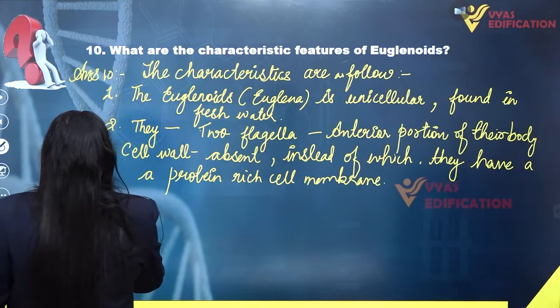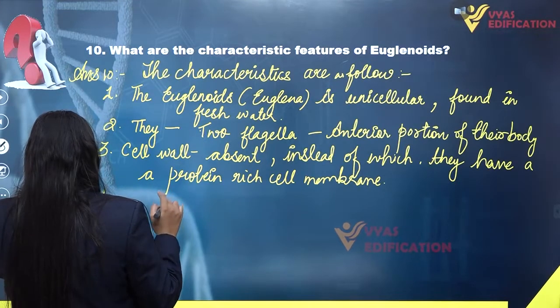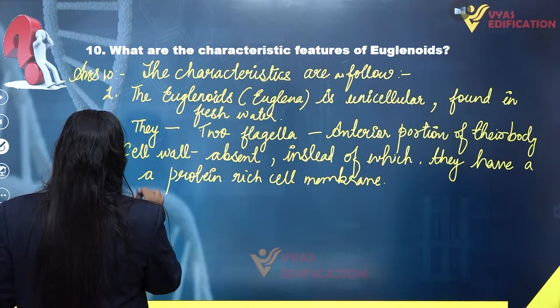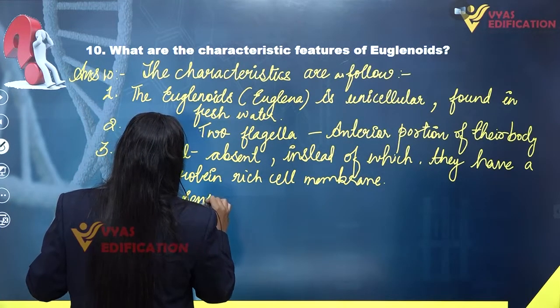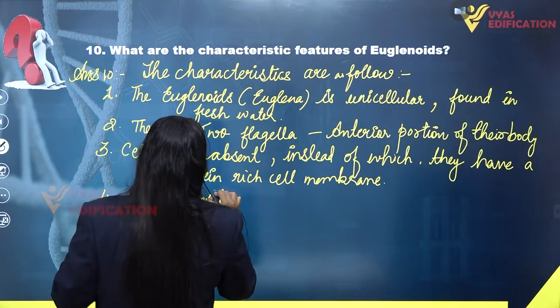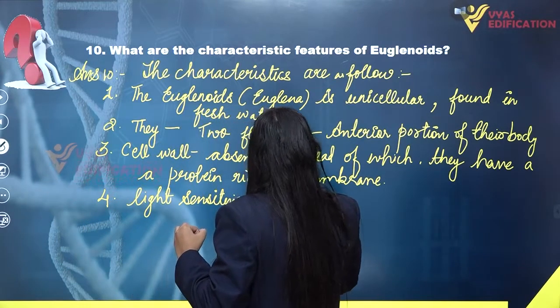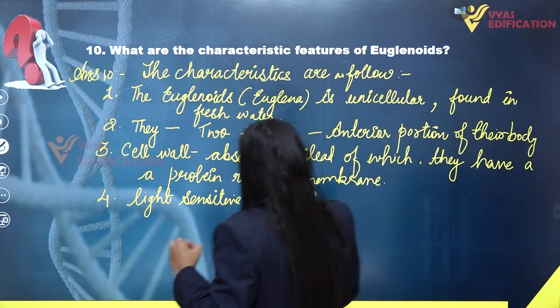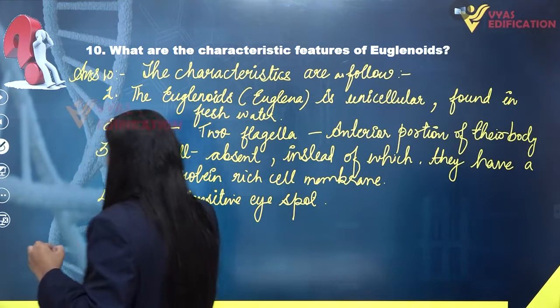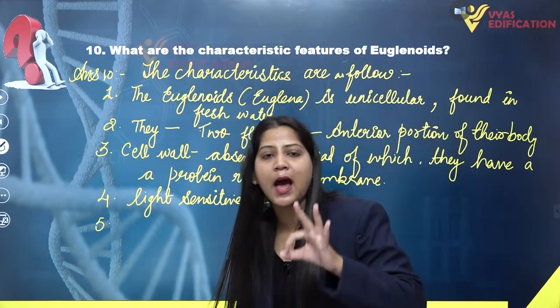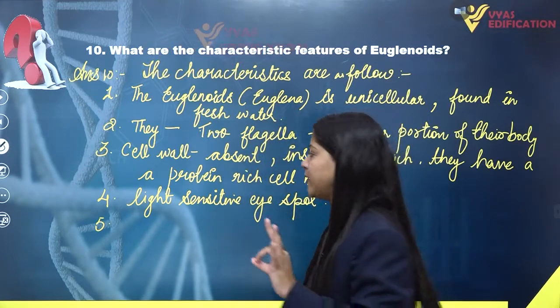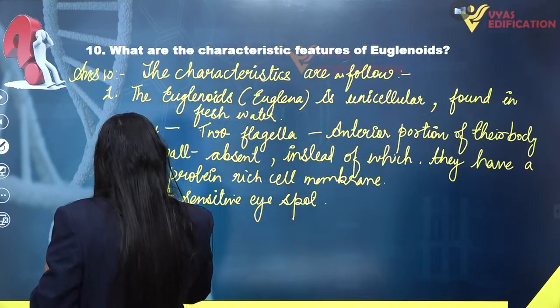The fourth feature is that they have a light-sensitive eye spot. And as I already mentioned, they have a feature similar to plants, that is a pigment known as chlorophyll.